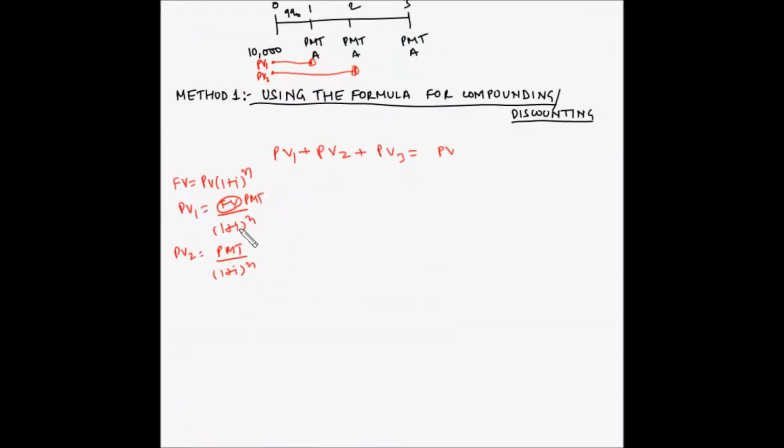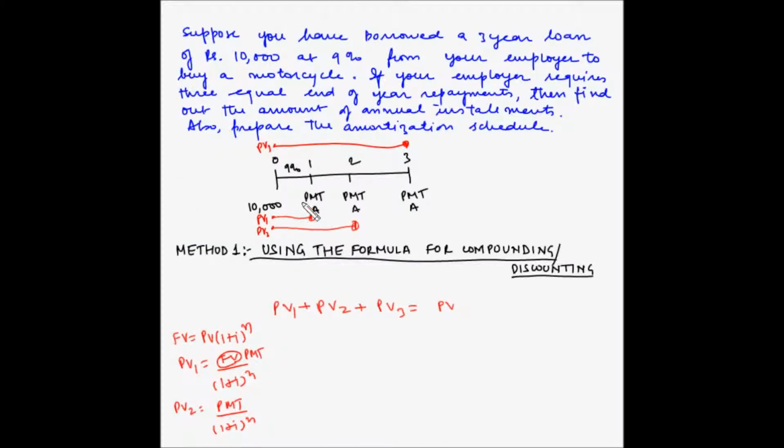Now I in case of PV1 is 9% and n in case of PV1 is 1. I in case of PV2 is again 9%, but n is 2, and for PV3 I is 9% but n is 3.